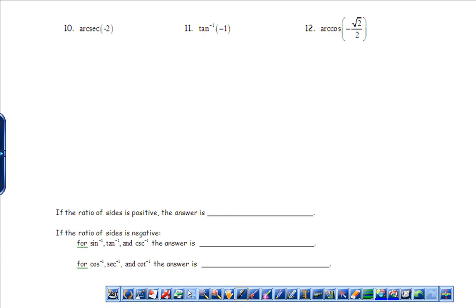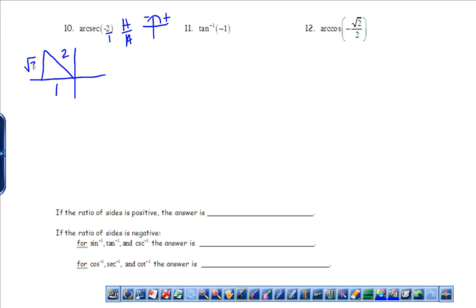Okay, number 10, arc cosecant. This is hypotenuse over adjacent. Arc cosecant is going to be on the top because that's the reciprocal of cosine, where this is positive and this is negative. Put this over 1. Let's build it in the second quadrant. Hypotenuse is 2. Adjacent is 1.